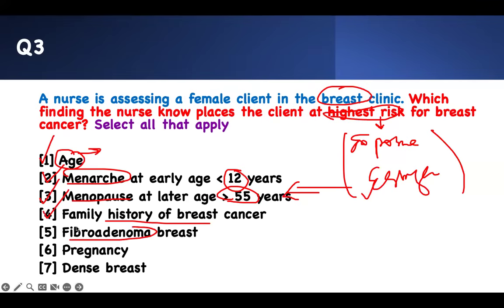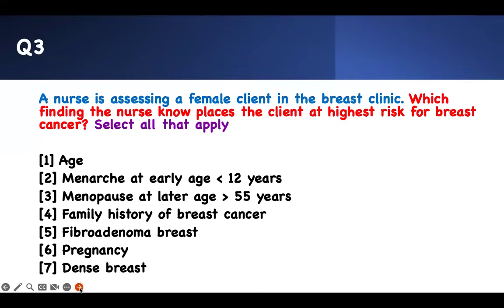If you have fibroadenoma, there is no risk associated with it. This is a benign tumor. Pregnancy is protective, because when you get pregnant you are not exposed to estrogen anymore. And dense breast is bad because we cannot tell what is normal and what is abnormal. So 1, 2, 3, 4, and 7 are your right answers.